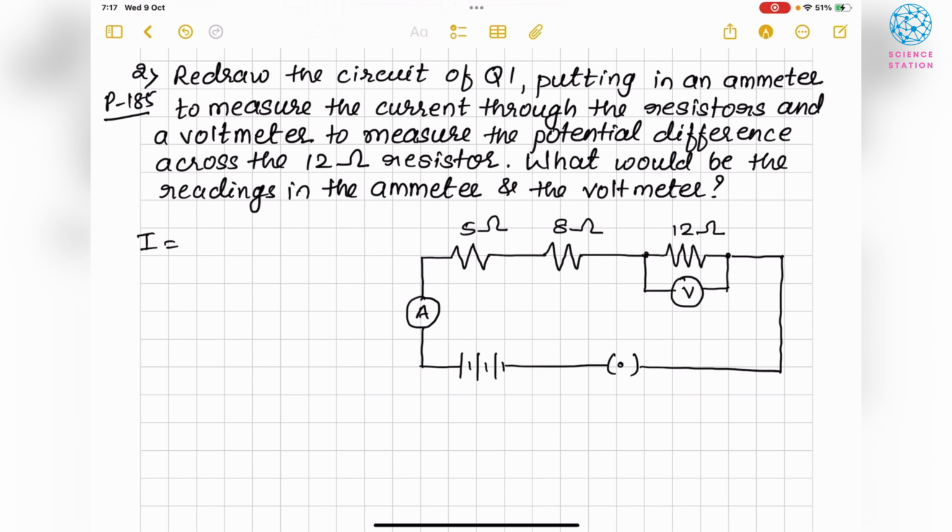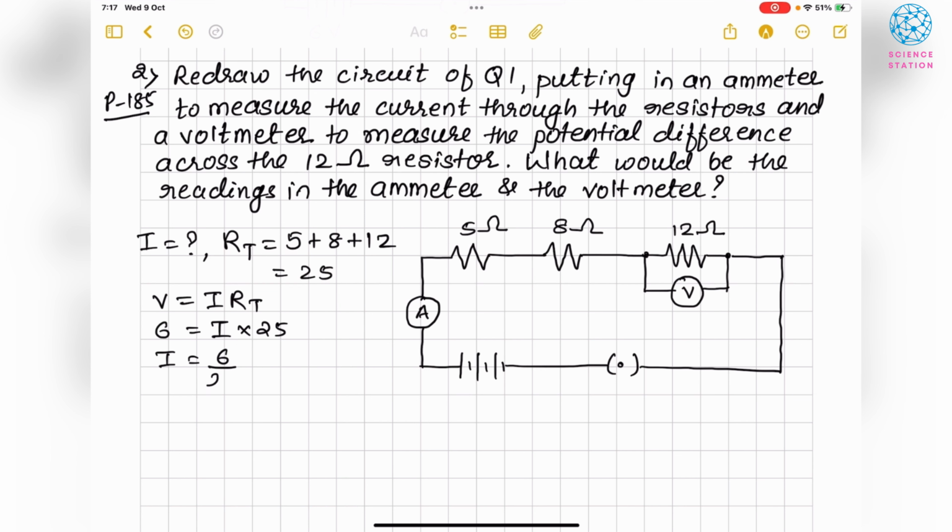Now I am given I don't know, RT, that is total resistance, will be 5 plus 8 plus 12, so that will be 25. Now V equal to I RT. So volt is 6, I don't know, and resistance is 25.